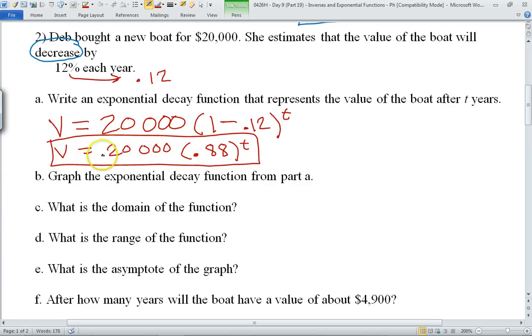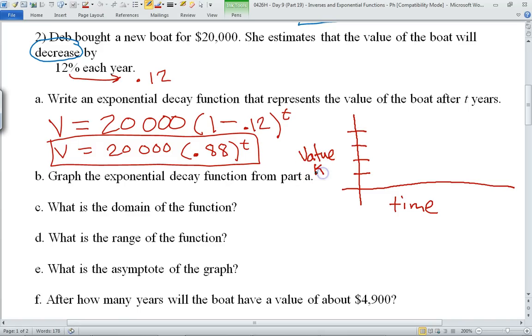Okay, now we're supposed to graph this exponential decay function, and we could just do it something like this. This is going to be time along this axis, and this is going to be value. Look, the y-intercept of this function is the 20,000. So let's call this 5, 10, 15, 20,000.